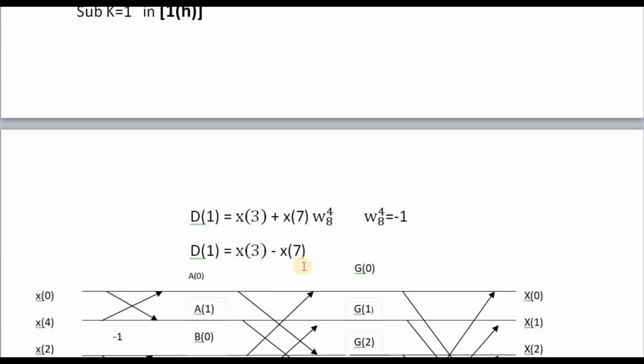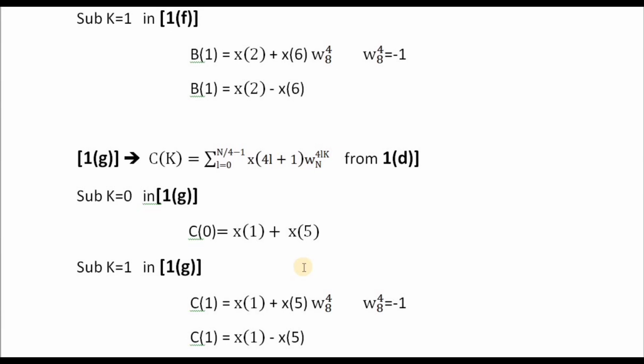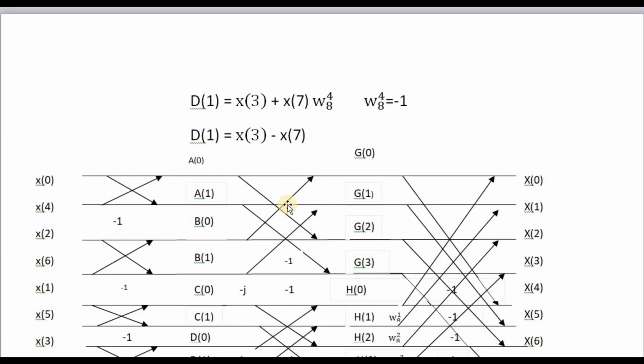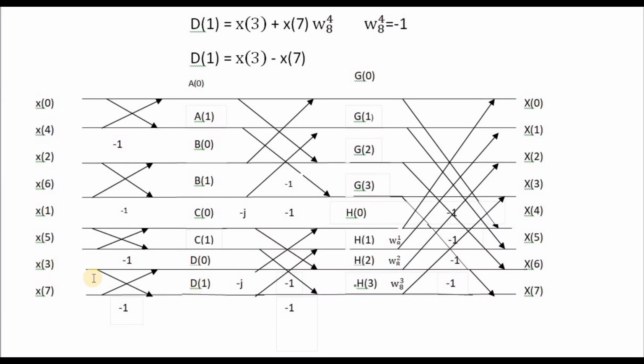Okay. So based on this, d1 is equal to x of 3 minus x of 7. Okay. So this is how the entire butterfly diagram is drawn.